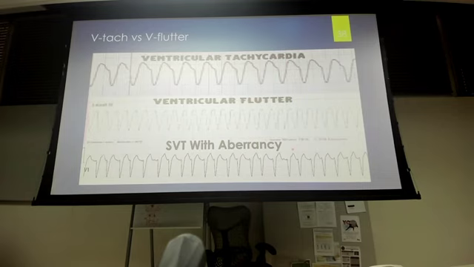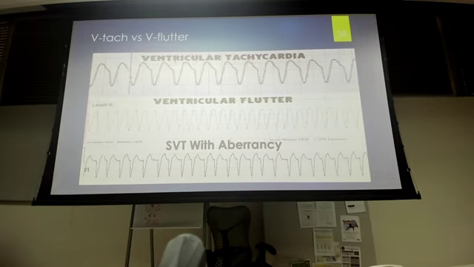When we compare these two, plus I added one at the bottom, VTAC, V-flutter, and then that SVT with a bundle branch block, we call it now SVT with aberrancy. Those are the words they use now. The difference between these: if I give you a scenario and someone's talking to you, it's not going to be V-flutter.